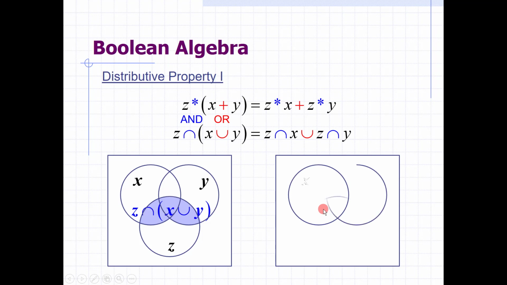Now we can go over to the right side and see if it matches. We'll have to be careful on this side. We're assuming order of operations here, so we have to make sure that we do our intersections before our unions. So let's do Z and X. That's where Z intersects with X. So that's this football region that I'm highlighting right here. Then we should construct Z and Y. That's this football region.